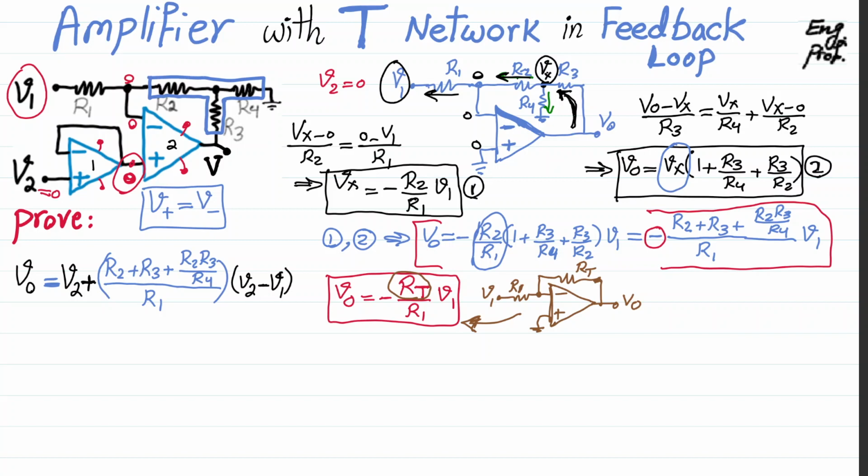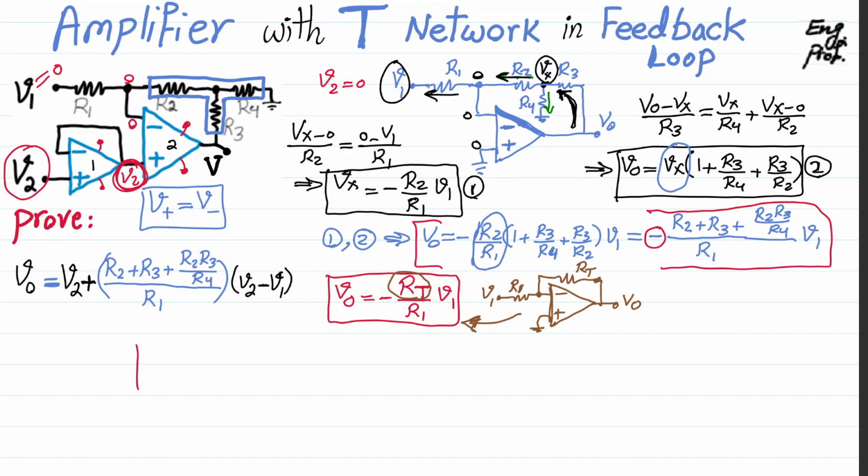Now, the nice thing is we don't need to repeat this for the other scenario, in which we use superposition by setting V1 to 0 and activating V2. If we do that, V2 of course appears at the output of the buffer as expected, and the scenario will look like this.